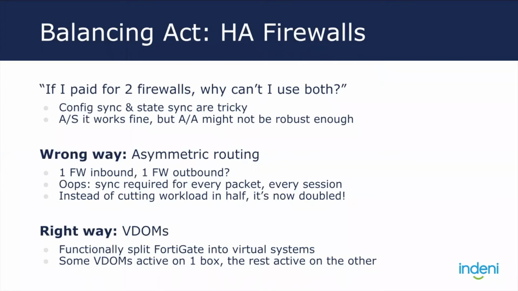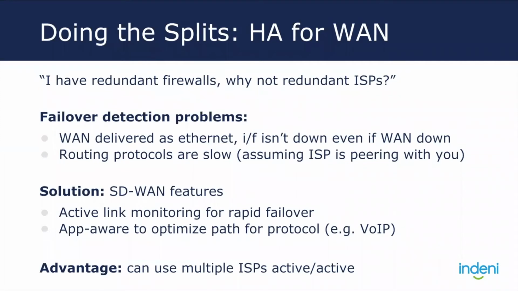It takes a little bit of fiddling to get right, but once you start using it, then you'll start loving it. And once you master that balancing act, now it's time to do the splits. The question that historically comes after, I have 2 firewalls, why can't I use both of them, is I have redundant firewalls, why not redundant ISPs?